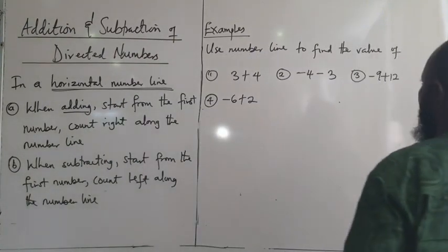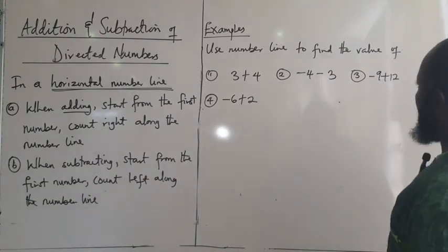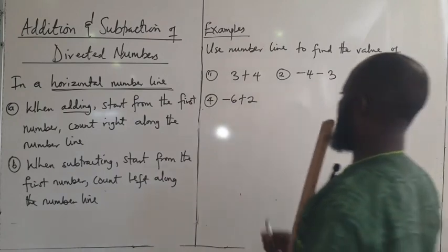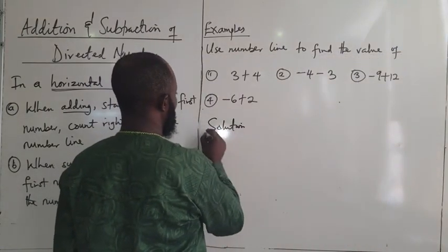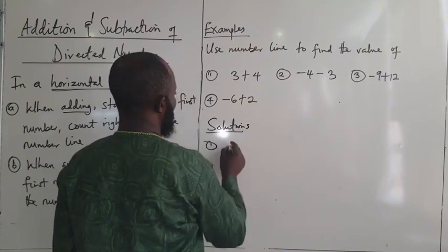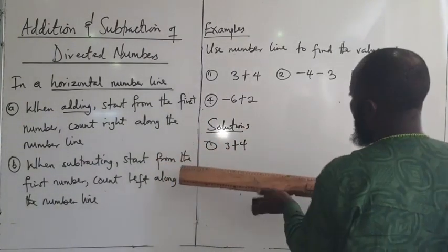Use a number line to find the value of the following. The first one is 3 plus 4. How do we do this? Let's draw a number line.